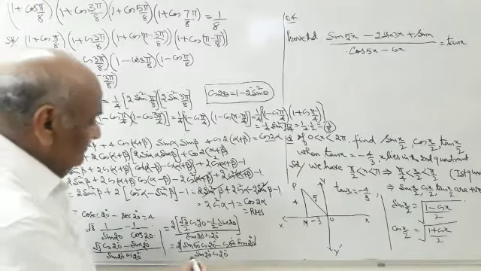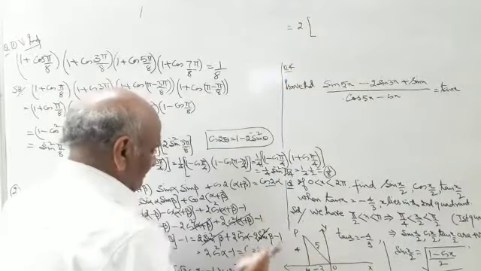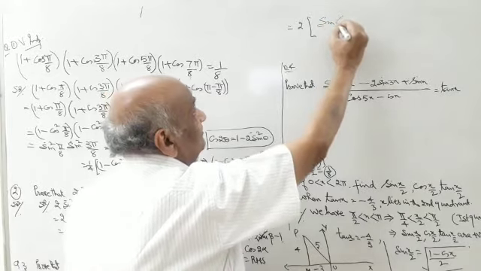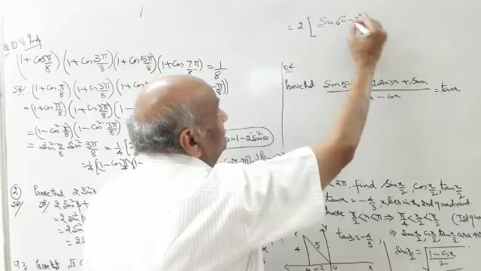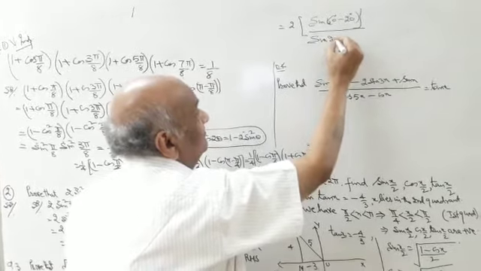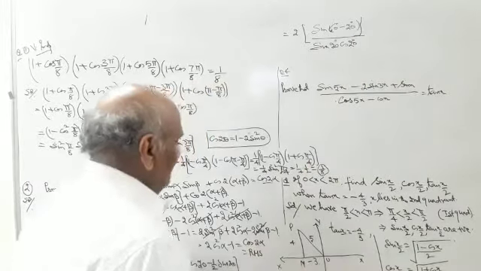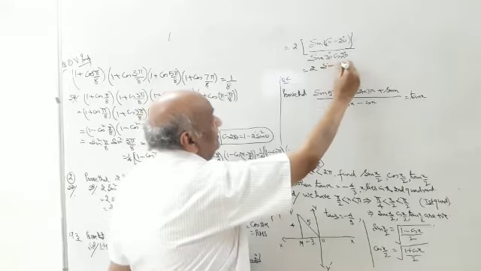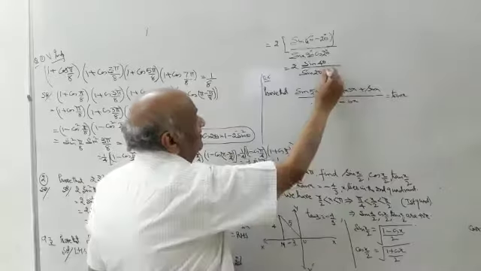See now, this is equal to 2, sin A cos B minus cos A sin B. It becomes the sine of 60 minus 20 upon sine 20 cos 20. Check out. Therefore we have 2 times sine 40 upon sine 20 cos 20.